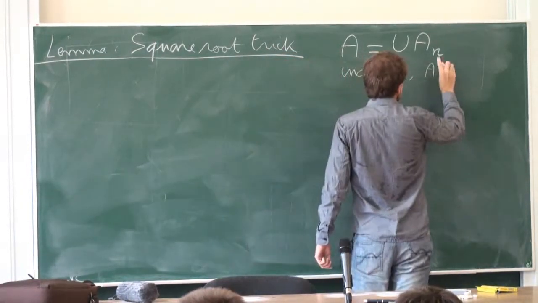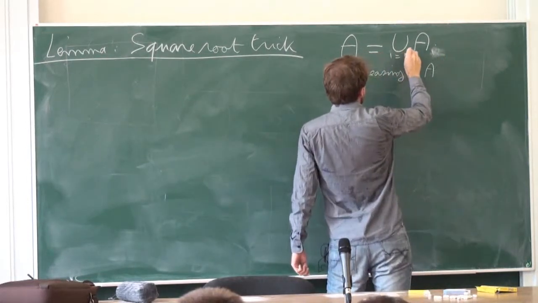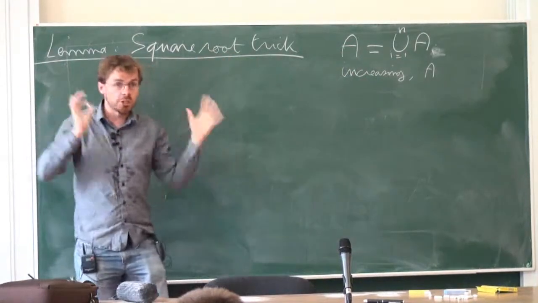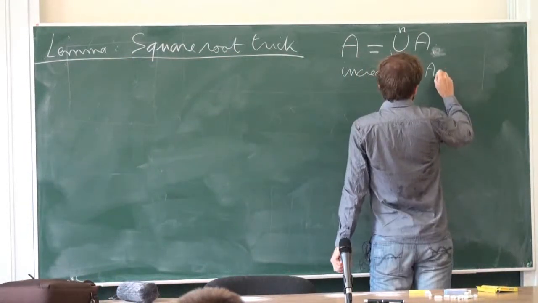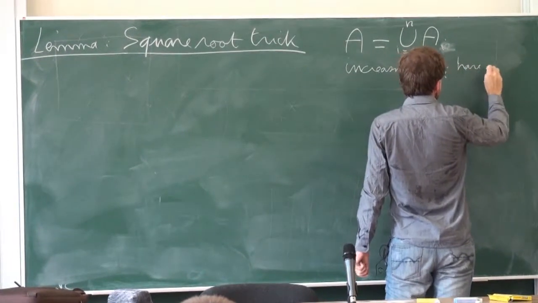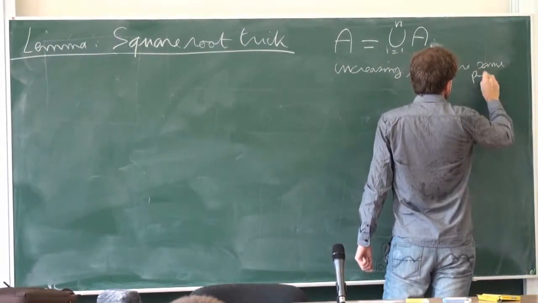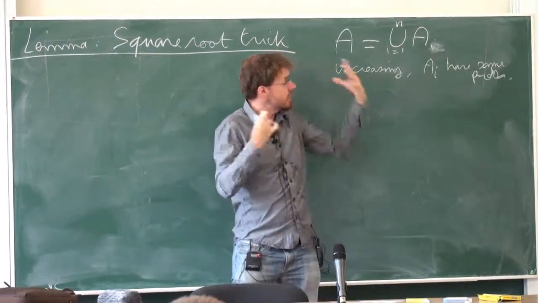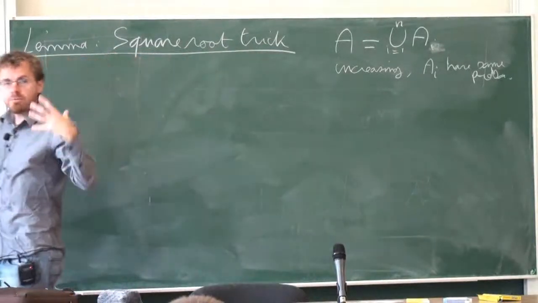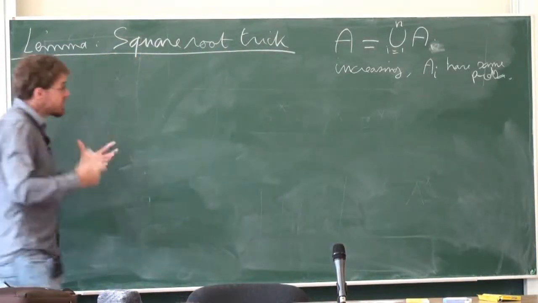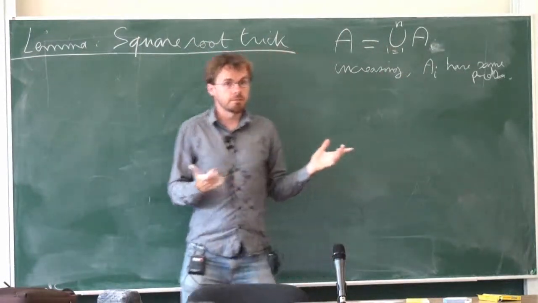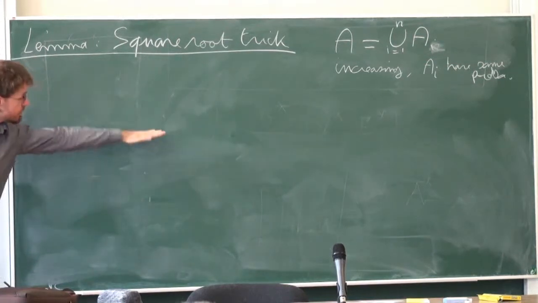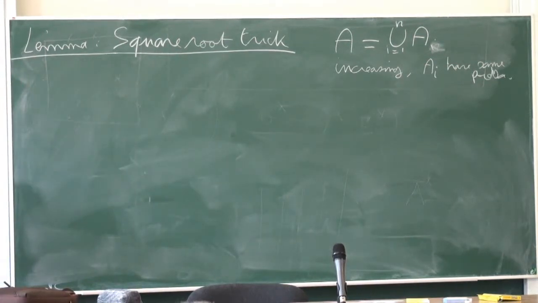So if you can split an increasing event into pieces which are also increasing, and if the A_i have the same probability, and if the probability of A is large, then each of the pieces has to have a large probability. I will tell you the proof before I state the lemma, because it's more natural that way.